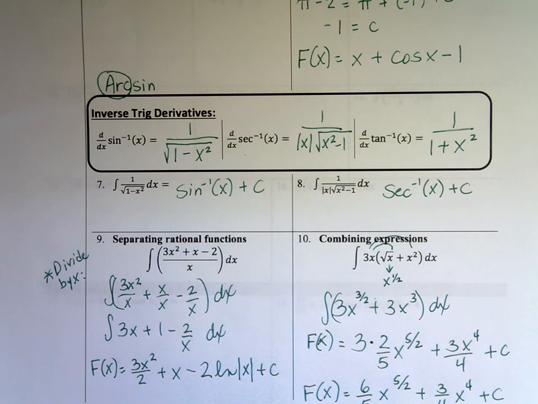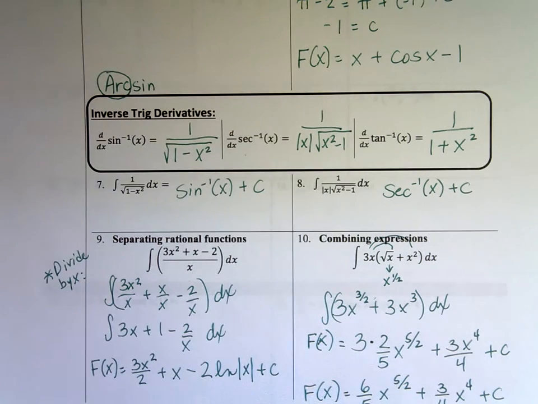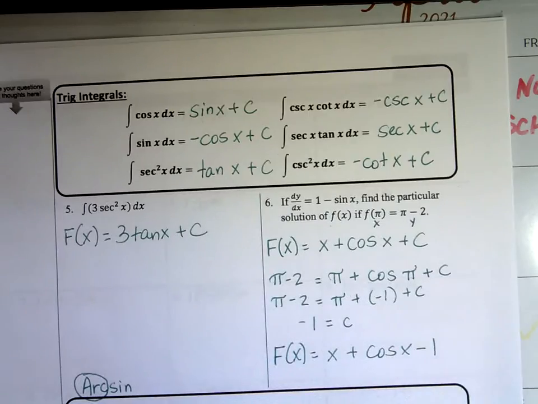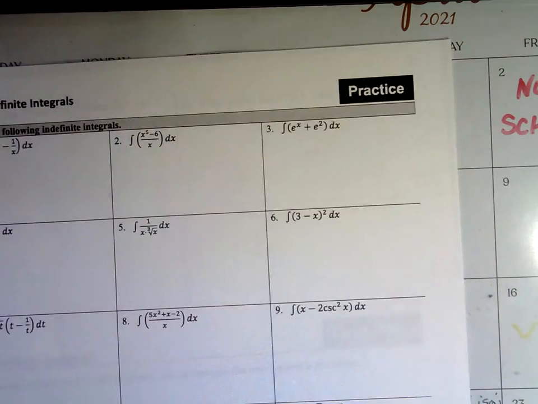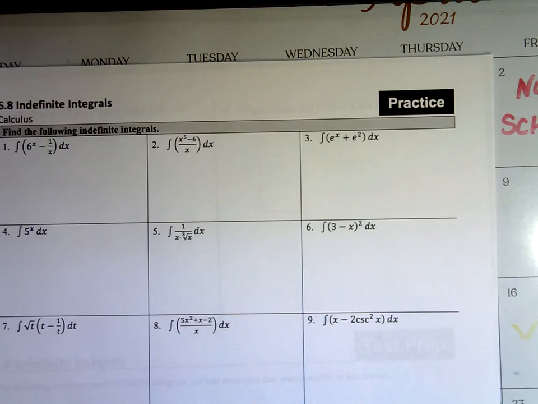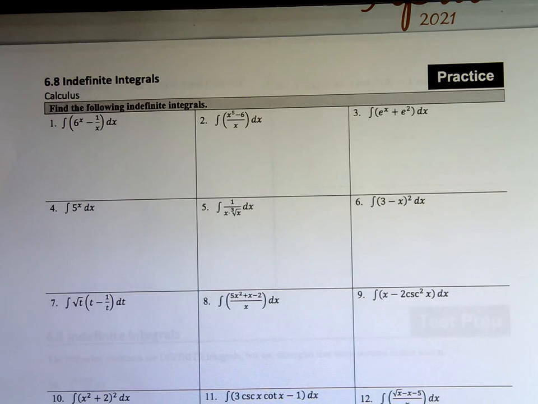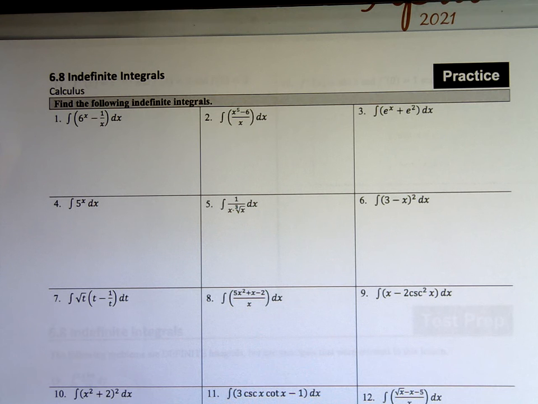Okay. We're going to do a few practice problems together, just a few, and then call it a day for this one. This next one I want to do is number 6. And the reason why I chose number 6 is, again, sometimes you have to manipulate things a little bit before you actually take the integral to find capital F of x.